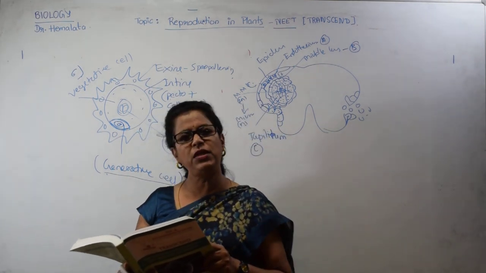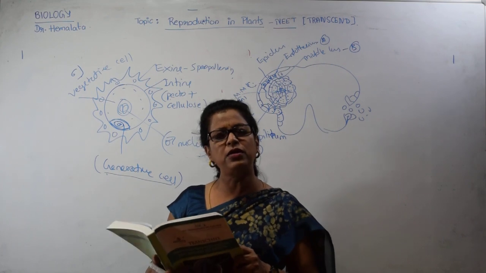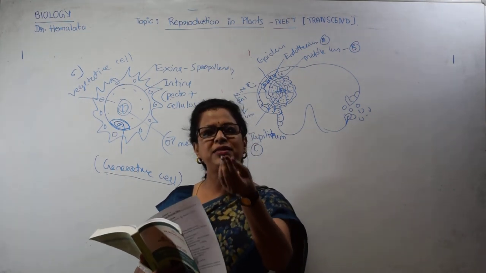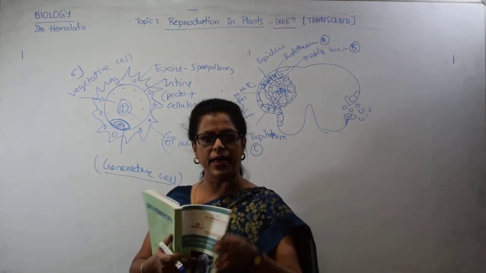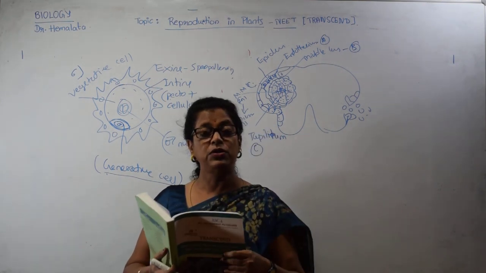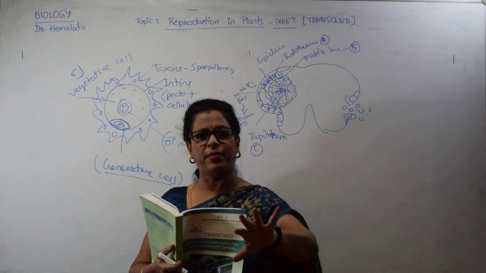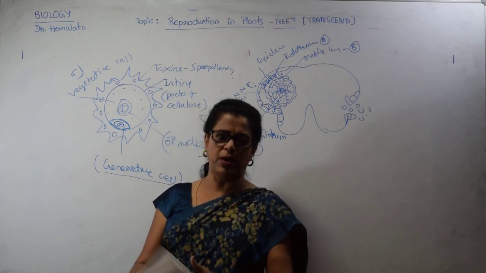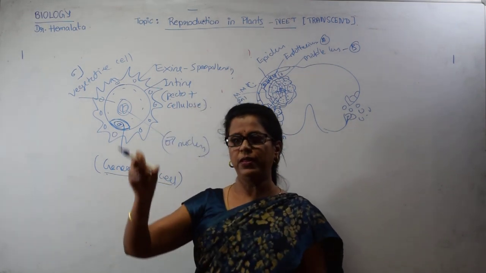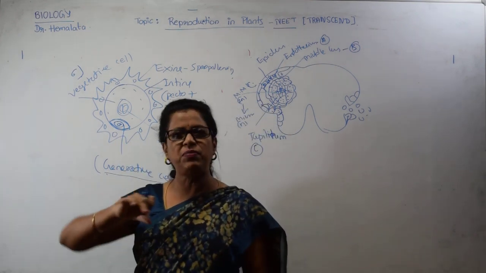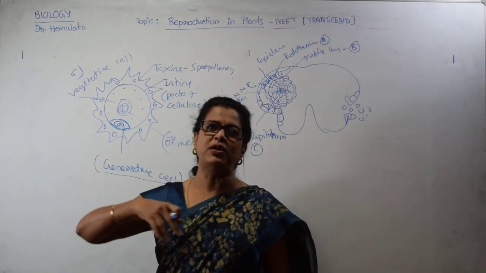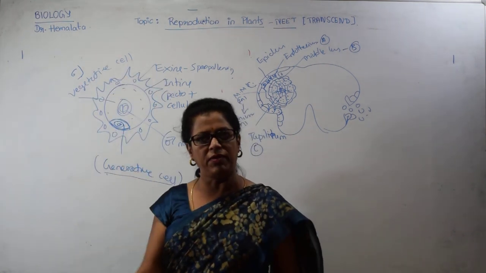Chasmogamous flowers means what? The plants or flowers in which anthers and stigma are open to the air, not covered. They are called chasmogamous flowers. What is the opposite? Cleistogamous flowers. I told you cleistogamous flowers are those whose anthers and stigma are covered by the petals or sepals or the bracts, everything is covered.